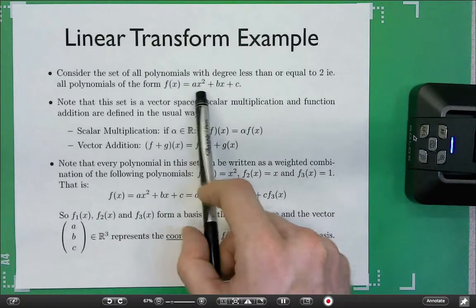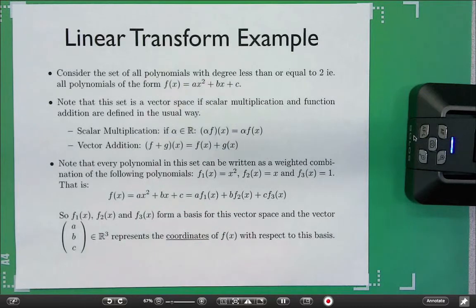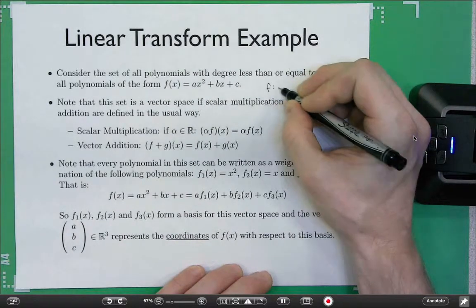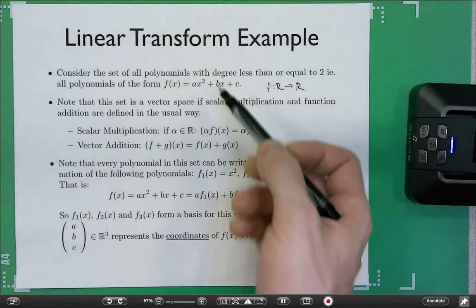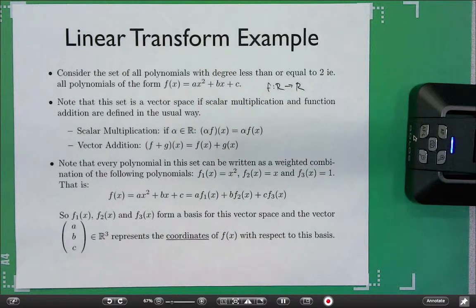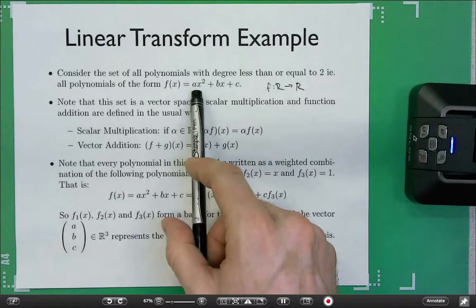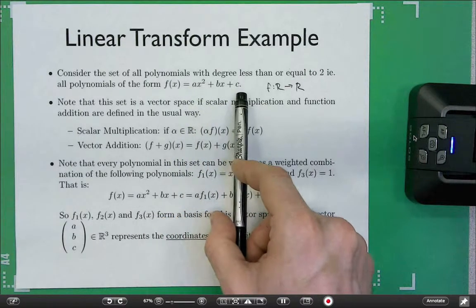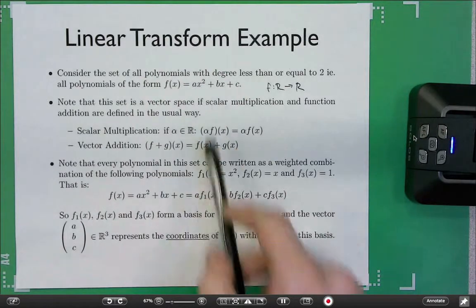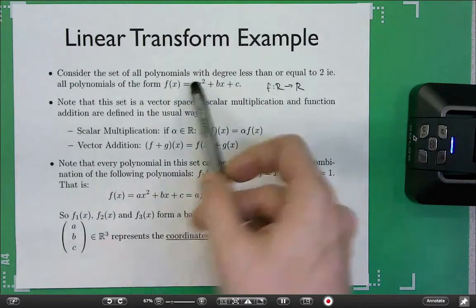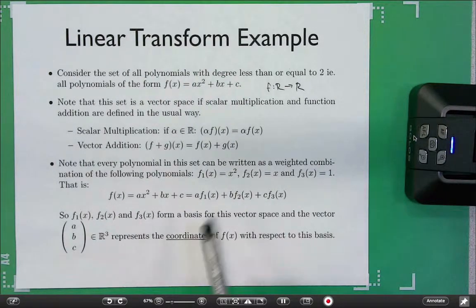Those are functions with this form. They map from the real line to the real line, right? I give it a real number, I get a real number back. And they are parameterized by these coefficients A, B, and C. You probably know what polynomials are, and this is degree 2. If A is 0, it has degree less than 2.